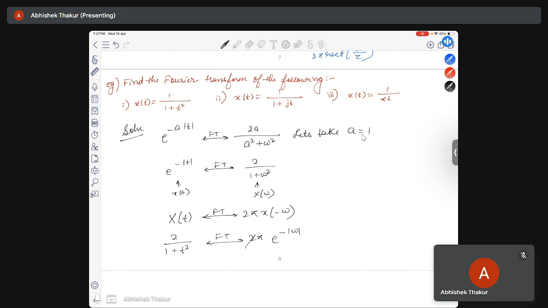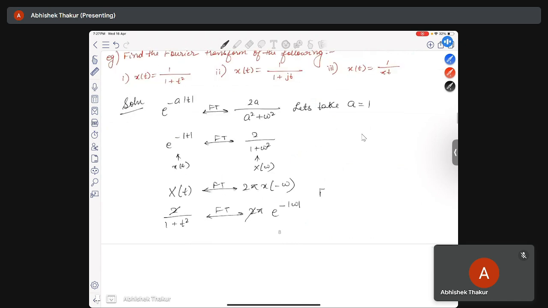Now this 2 and this 2 will get cancelled. So the Fourier transform of 1 by (1 + t²) is given as π e^(−|ω|).